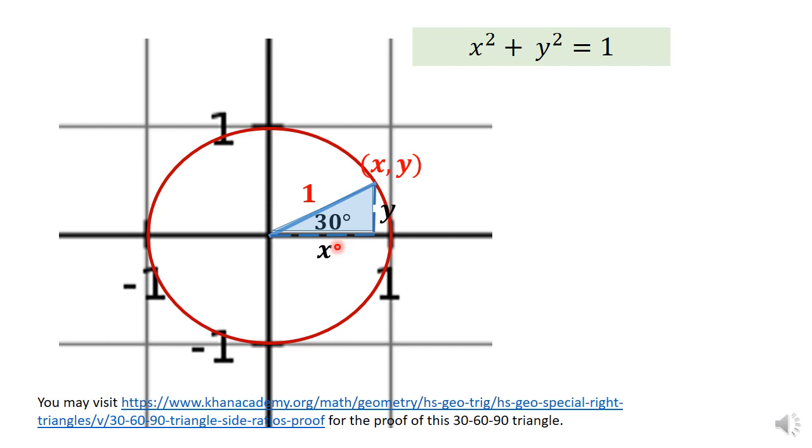So we have y equal to half of 1, which is 1 half, and x equal to 1 half times square root of 3, which is square root of 3 over 2.